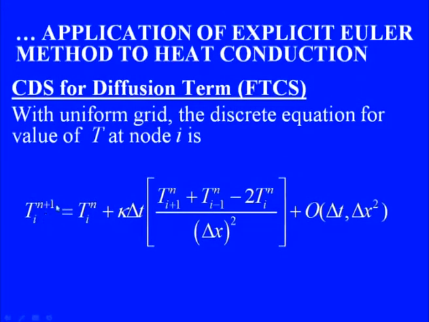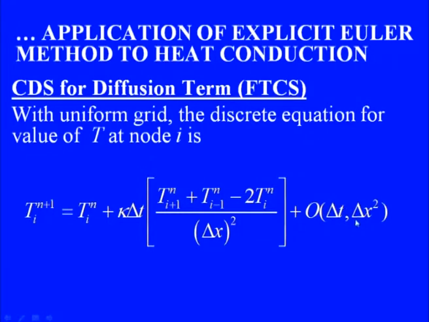If we choose a uniform grid, then the discrete equation is simply T_i^(n+1) is equal to T_i^n plus kappa times delta t times the terms in the big bracket, T_(i+1)^n plus T_(i-1)^n minus 2 T_i^n, divided by delta x squared. This is our central difference approximation for the second order derivative in space. Note that this particular scheme is first order accurate in time.